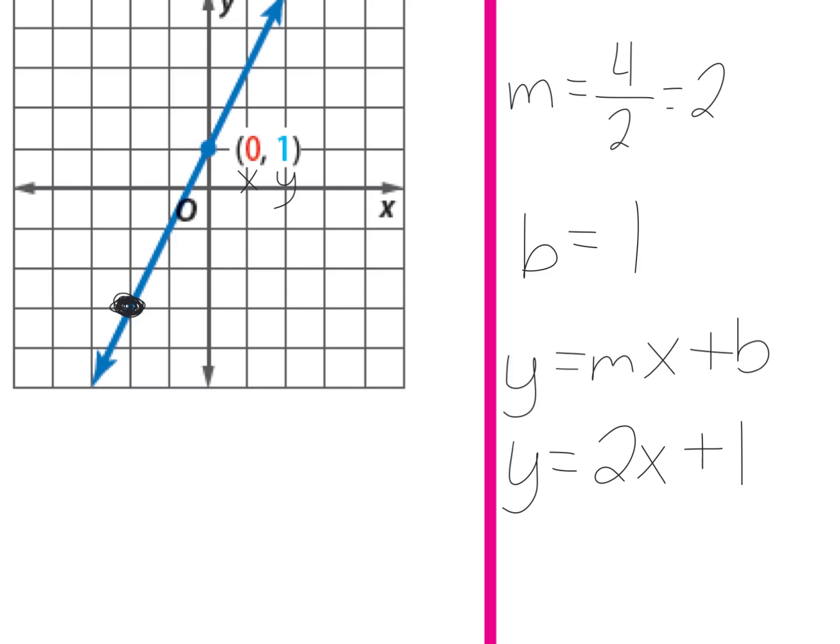If I only had 2, how could I write that as rise over run? I could put 1. So from this point, what's my rise? 2. Run is 1. So I got another point. What if I couldn't keep going this way? I could go down 2 and left 1. So that is how you would go from your equation back to your graph.